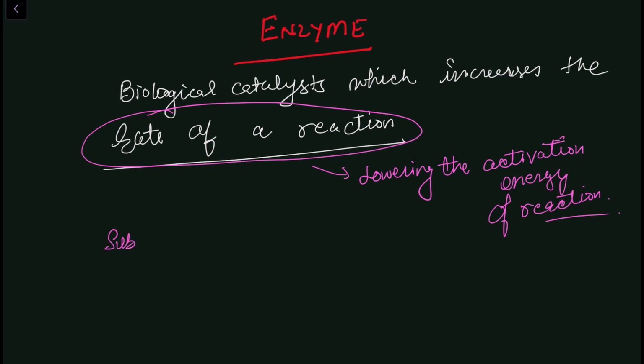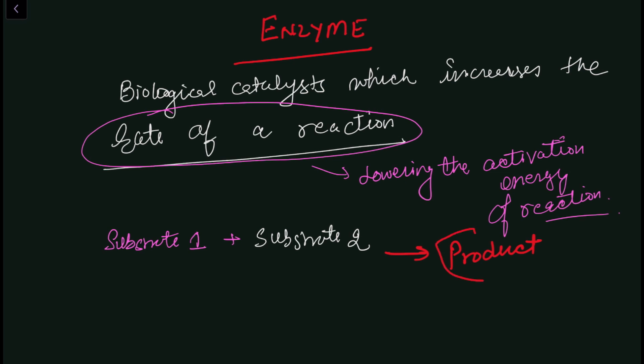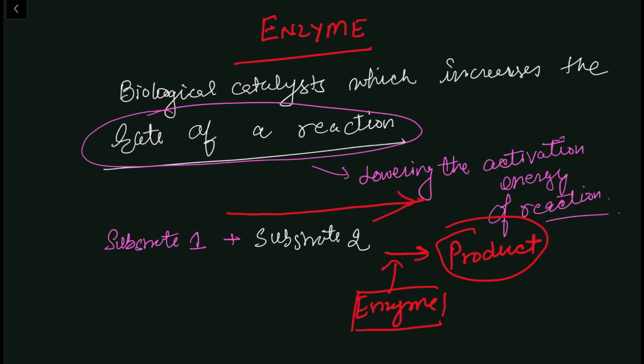For example, there is substrate 1 and substrate 2, and it is giving rise to one product, right? So what happens, there is some kind of energy which is required to convert substrate 1 and 2 to the product, right? So what happens, enzyme acts over here. It lowers down the activation energy and increases the rate of this reaction. Clear?